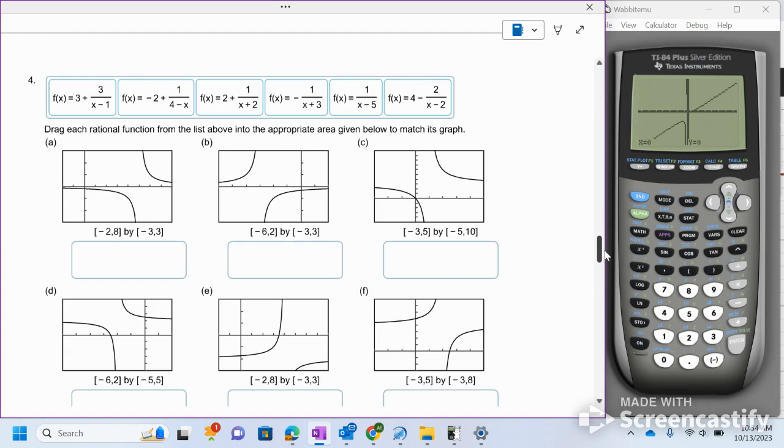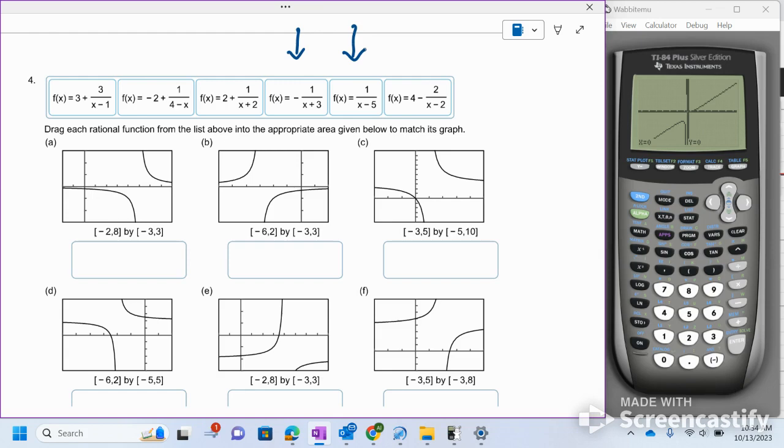Okay? So, if there's no number on the outside, like these two do not, what's our horizontal asymptote going to be? 0. So which ones have a horizontal asymptote of 0? Well, that's A and B, right?